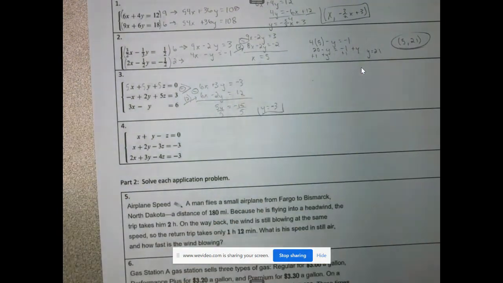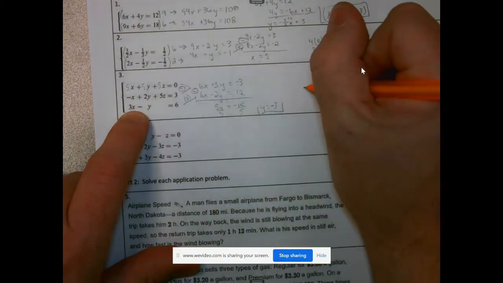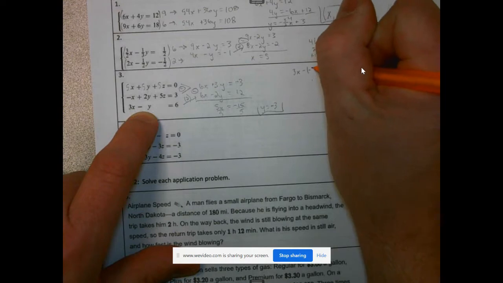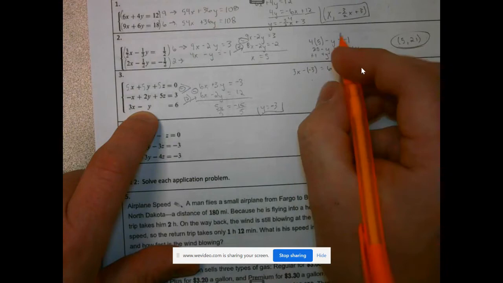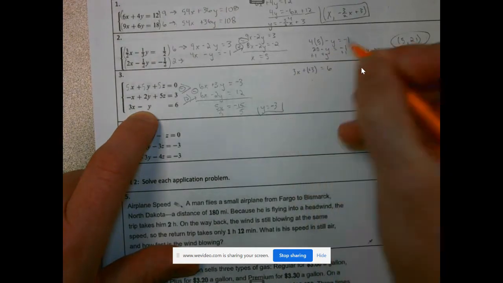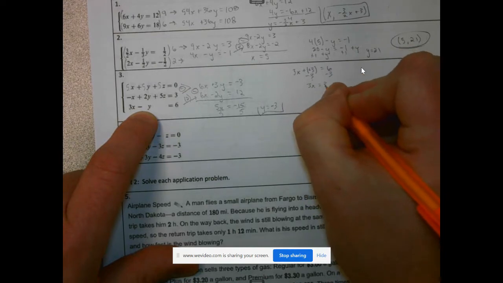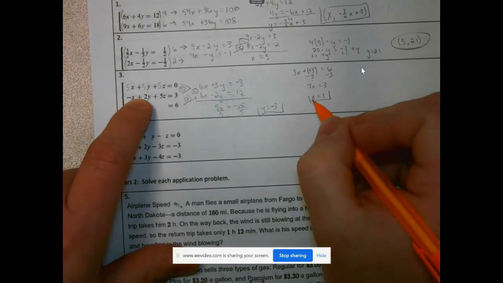Okay, so that's y. Now I'm going to plug that back into this bottom one and find x. So you have 3x minus negative 3 equals 6. Always when you substitute, put it in parentheses. So this becomes a positive, and you're going to subtract 3. So 3x equals 3, and x equals 1. Now you need to find z.